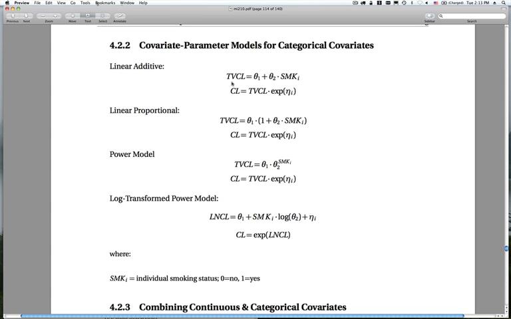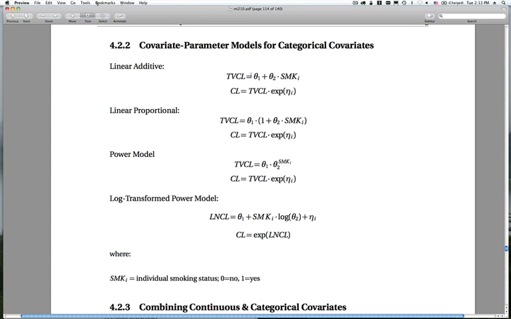Here you might look at this as another linear additive term. We have a typical value of clearance equal to theta 1 plus theta 2 times this categorical effect, where smoking is a 0-1 value. So theta 1 would be the typical estimate of clearance for non-smokers, and then theta 1 plus theta 2 would be the estimate for smokers.